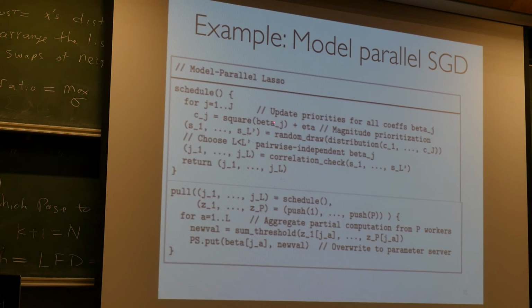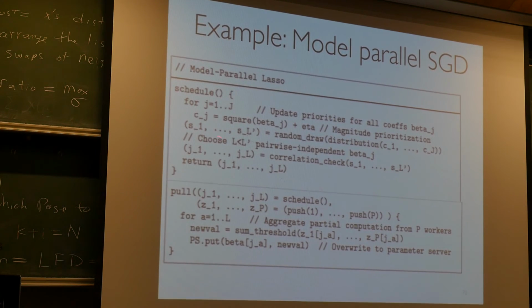All right, so we're basically going to scale that up. So we're going to add eta so that everything gets some probability of being chosen, and then I'll add the square of the parameter value, and then we normalize that to make a distribution, and then we randomly draw L prime things.